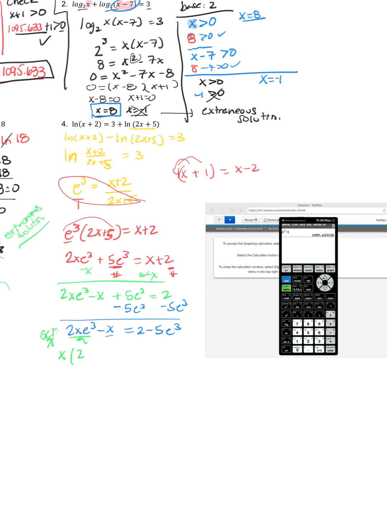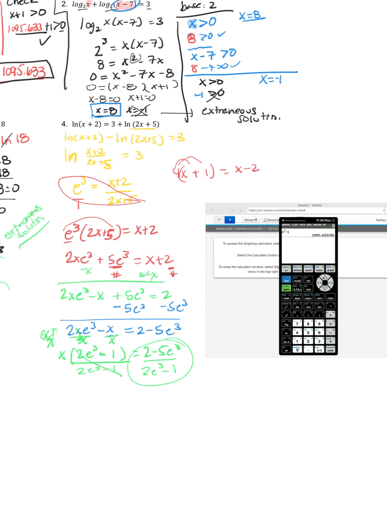So if I do what I like to do and put underneath here when I teach all this, that cancels this x, so that's 2e cubed, which is a number, and then minus, and then x over x is just 1. So now what I want to do is solve for x. I have to get x by itself, so I got to divide everything by this number. Remember, 2 times e cubed minus 1 is just a number. That cancels. And so this is my x value.